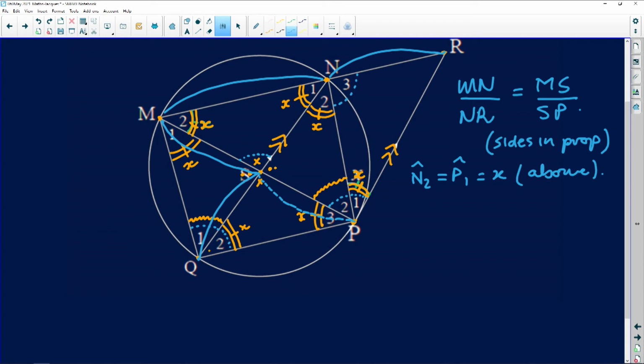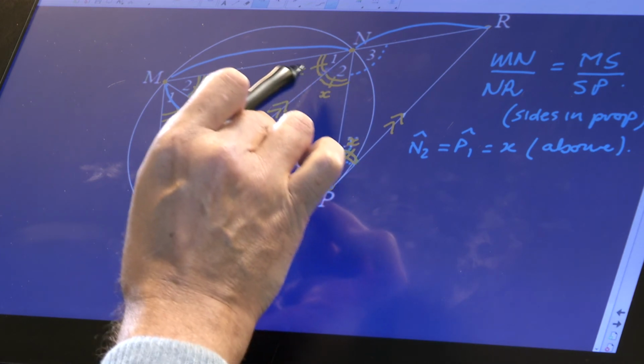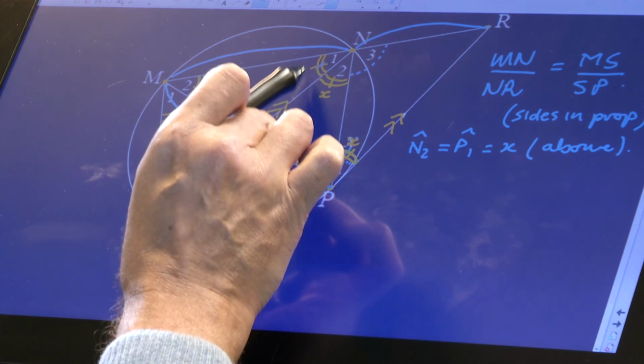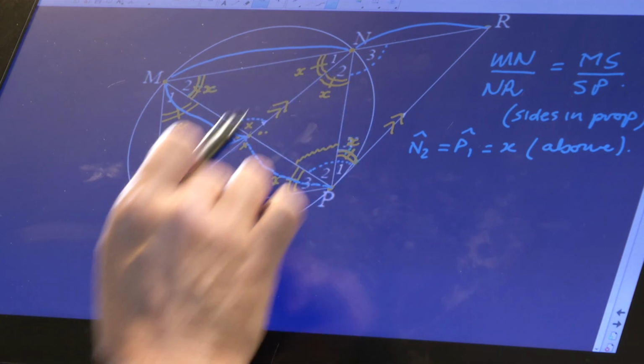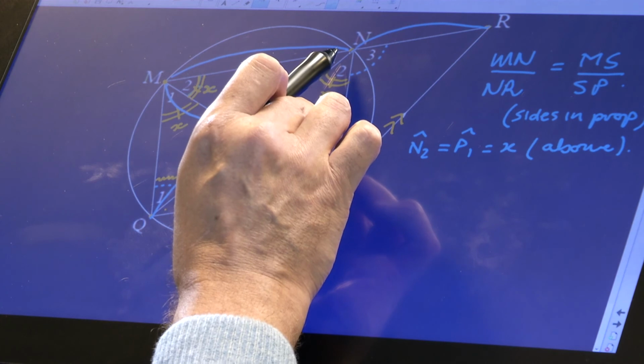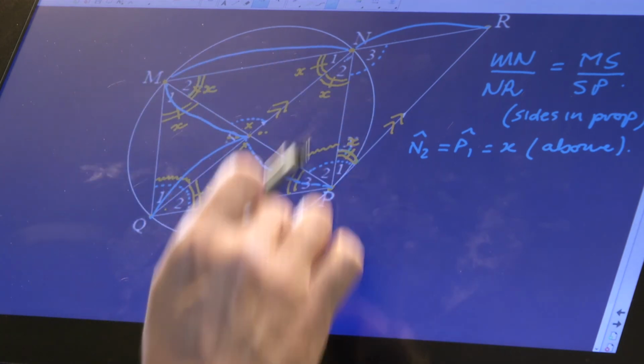But what did we learn right in the beginning? We learned that this angle was bisected. And there's our link. This angle was cut in half by the chord QN. They told us right in the beginning that QN bisects the angle MNP.